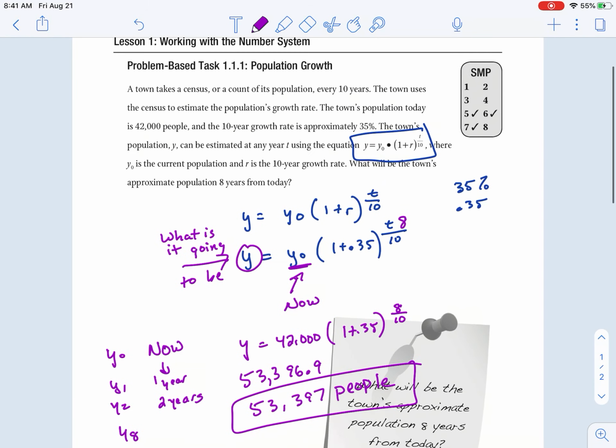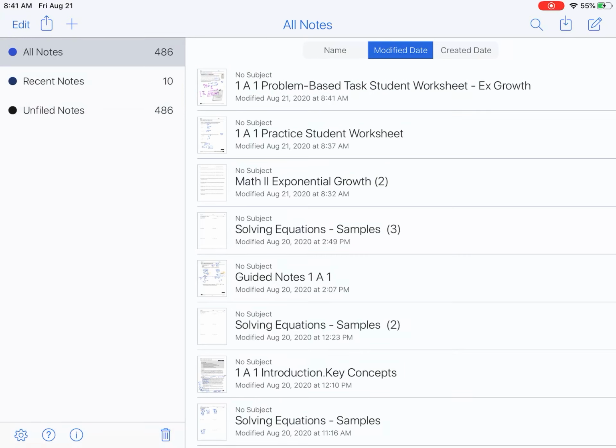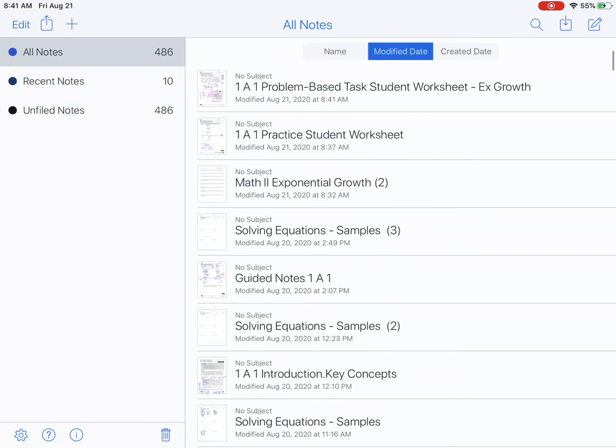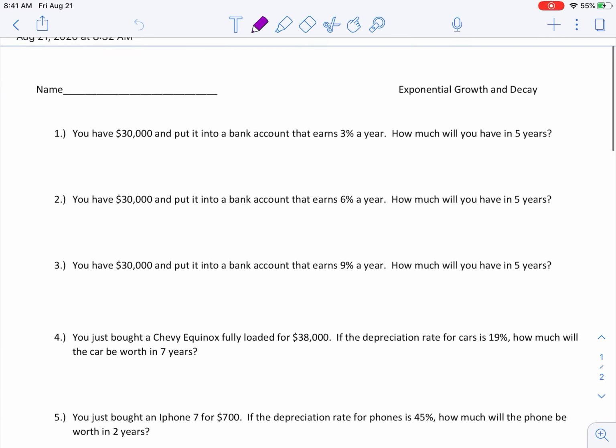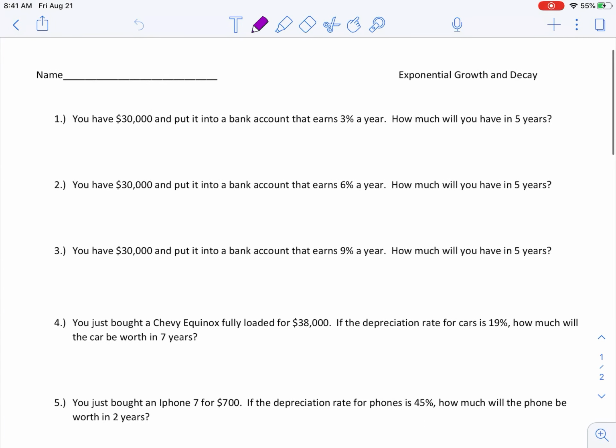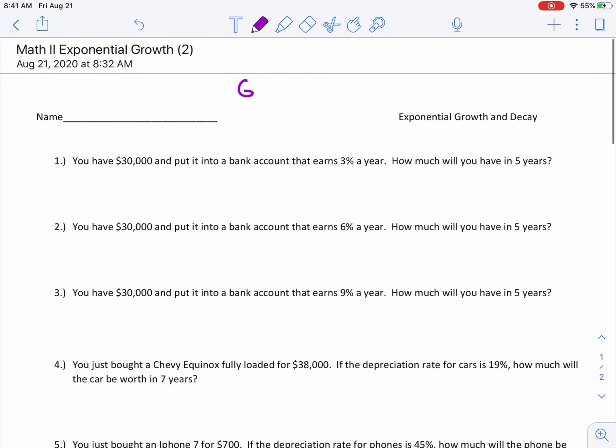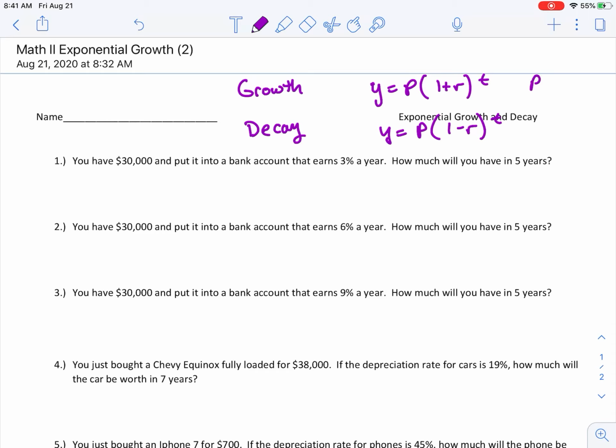So now the homework is similar. Let me show you that. You got 2 formulas. Growth: Y equals P times 1 plus R to the T, and decay, if it goes down, is Y equals P times 1 minus R to the T. Now, P is your principal.